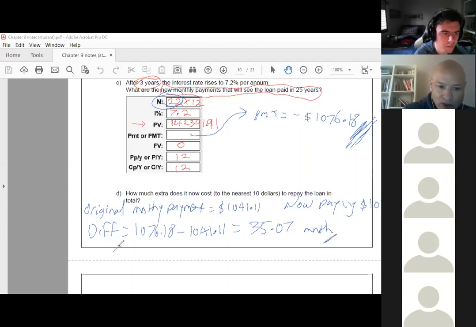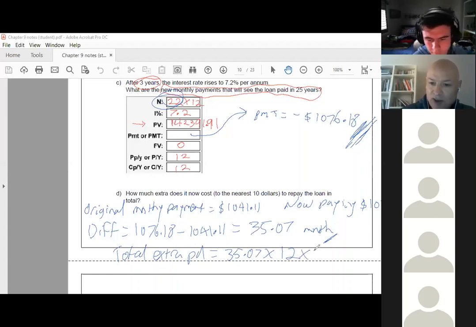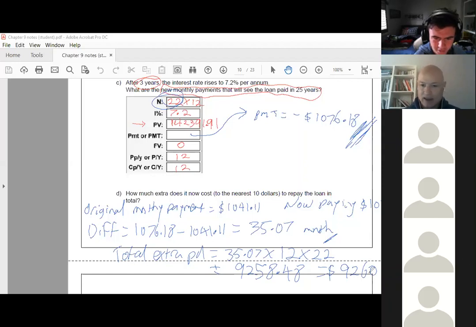So total extra paid equals the $35.07 a month times 12 to get it to 1 year, times the 22 years that we're paying this. 35.07 times 12 times 22, I get $9,258.48. Now it says to the nearest $10, so to the nearest $10 is $9,260. Any questions there?